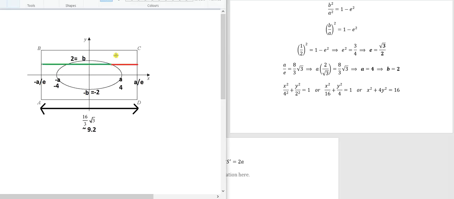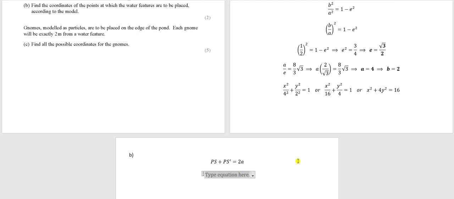But those two distances have to add up to 2 times a over e, simply because of the position of the directrices. Now, if we use the fact that the eccentricity is the ratio between the distance to the foci and the distance to the directrices, then we immediately get this result.